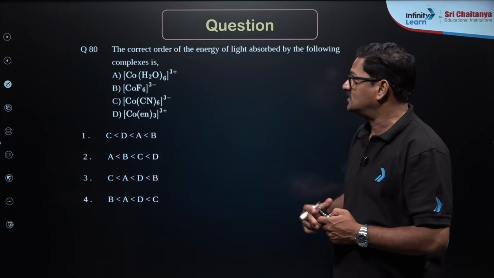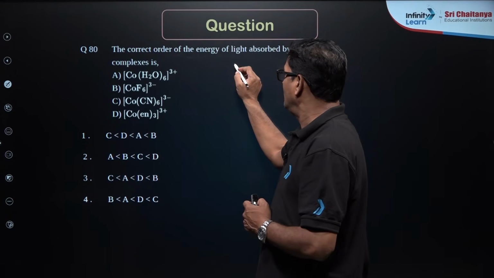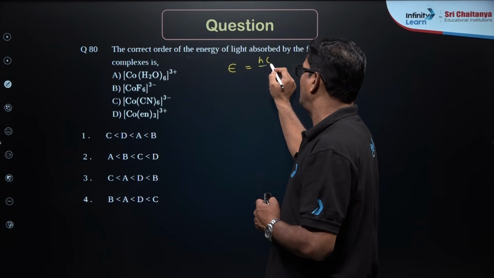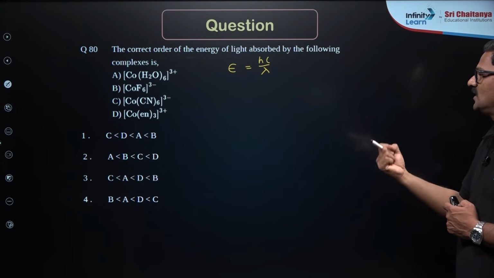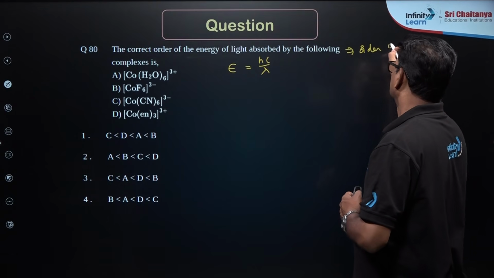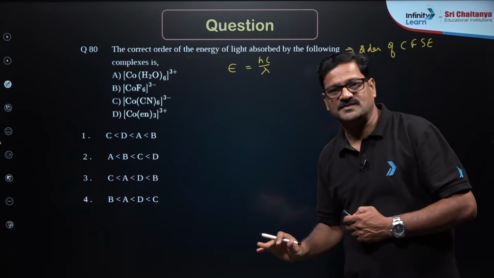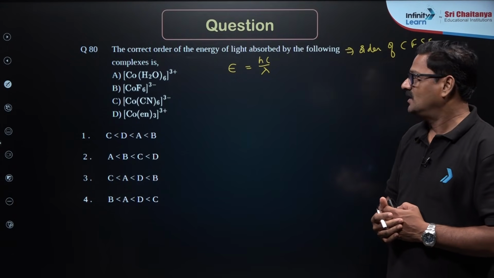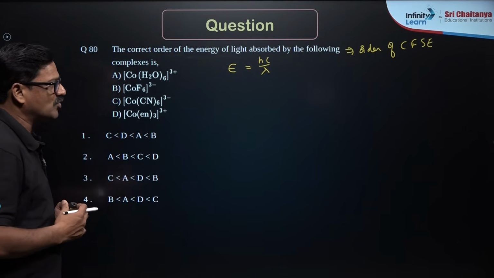Students, here it is a question: the correct order of energy of light absorbed by the following complex. Energy is equal to hc by lambda. The correct order of energy absorbed. So we have to check the order of CFSE. CFSE depends first on the oxidation state of the central atom, and you can see cobalt plus 3, all are plus 3 oxidation state with the cobalt.